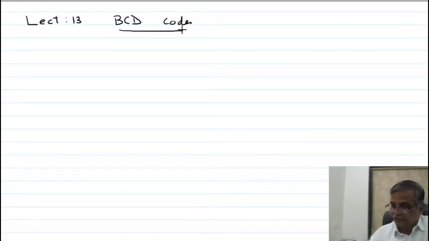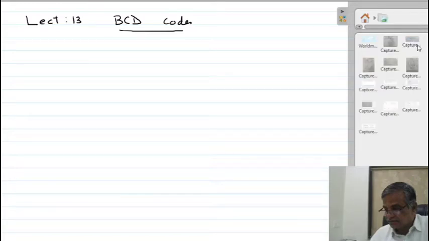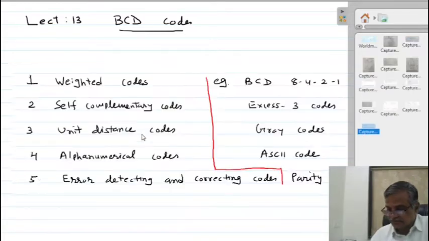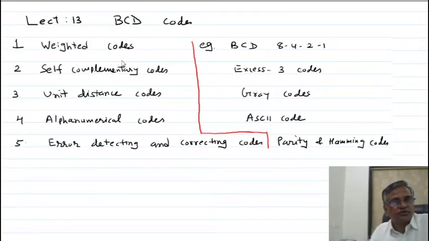These are the different types of codes used in digital communications.